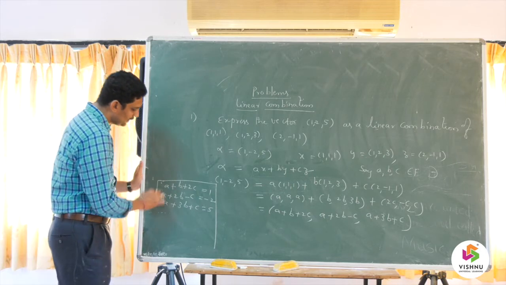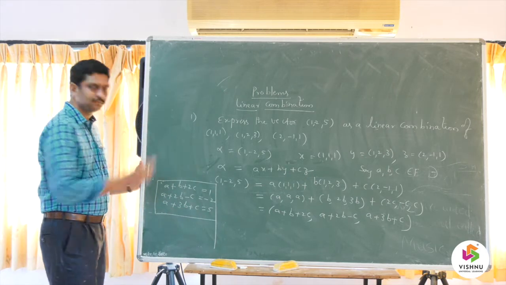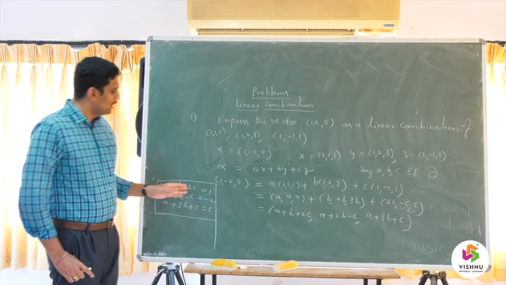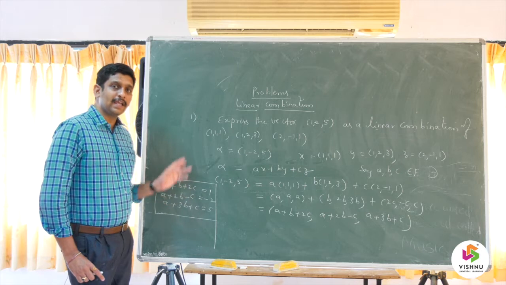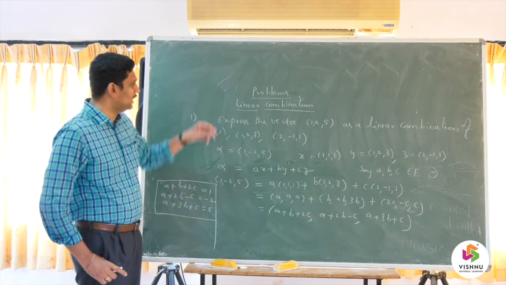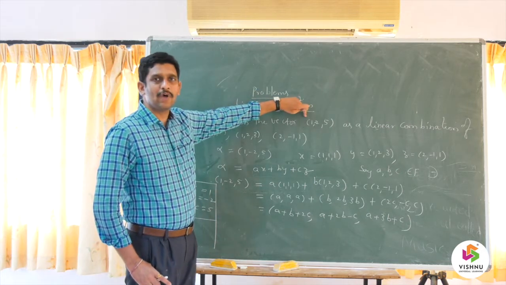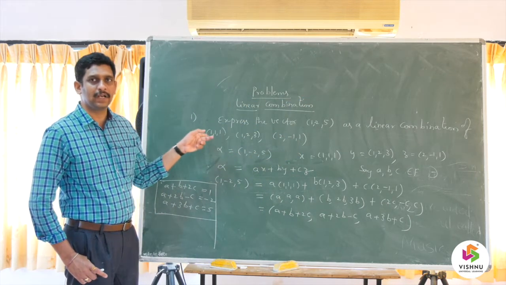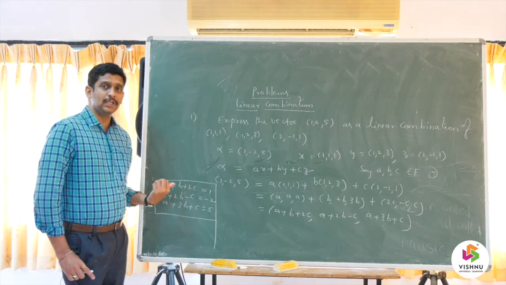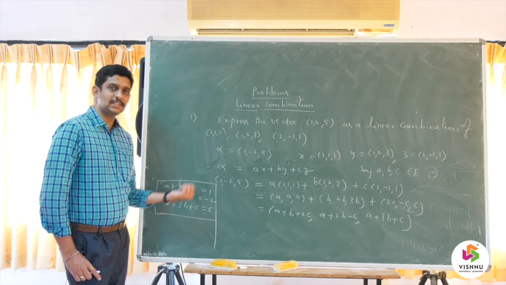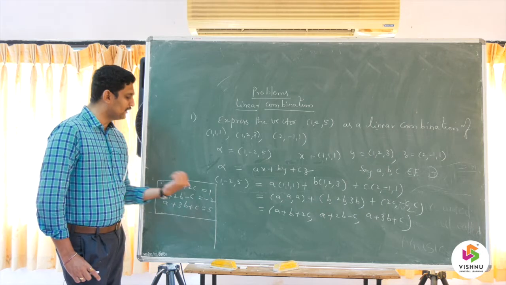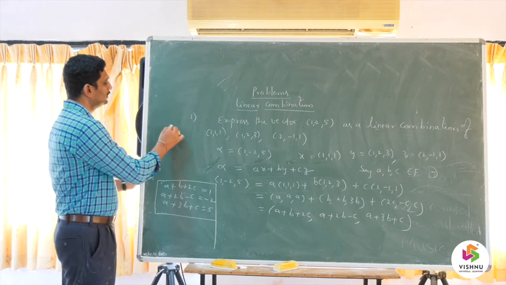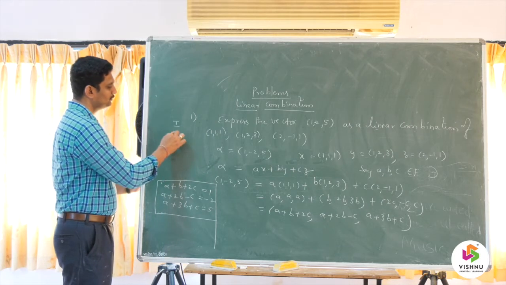So if I solve these three equations, and the values of A, B, C exist, then I can confirm that I have represented the vector 1 minus 2 5 as a linear combination of the given three vectors, right? So I should be able to solve these three equations, and say these are the values of A, B, C. Now solving the three equations, there are three methods available.